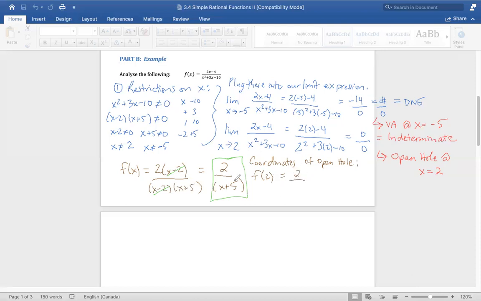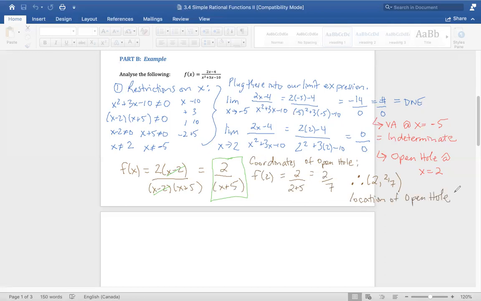So 2 over x plus 5, 2 plus 5 is equal to 2 over 7. So therefore, the x value of 2 and a y value of 2/7 is the location of the open hole, right? Is my coordinate point.